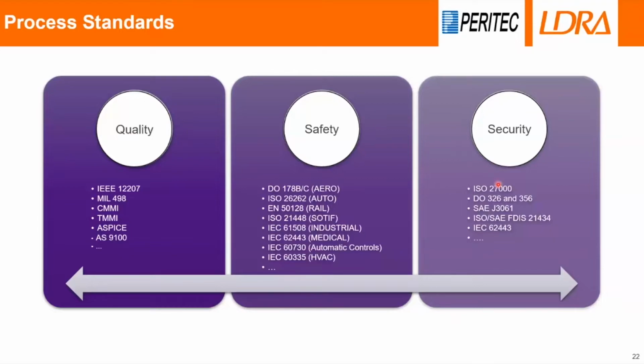And for security also, you can see there are a lot of standards like the ISO 27000 series for IT related applications, and DO-326 and 356 for aerospace industry, the SAE J3061 for automotive security, which is recently being upgraded with a different standard, ISO/SAE 21434, and 62443 is for industrial application. And there are a lot more standards for medical devices security, and related standards are coming up. So we can see the security domain is completely evolving, and we need to be prepared for developing a product which is safe and secure.